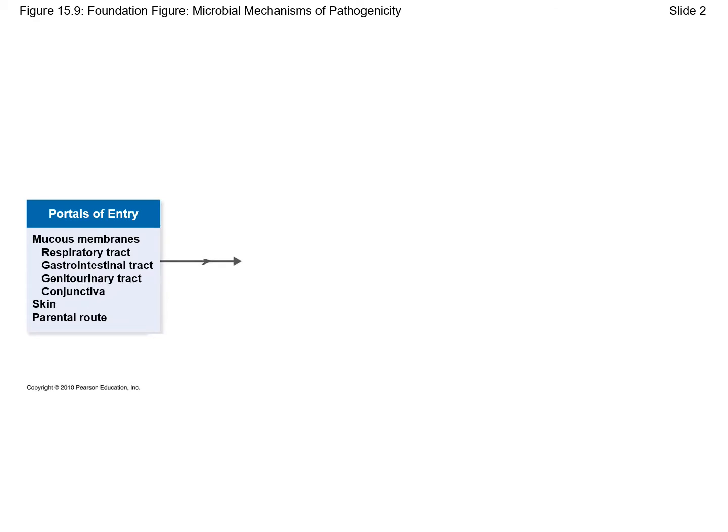For a microbe to cause disease in one individual, there are several things that have to occur. The first is that the microbe has to go through its preferred portal of entry. Once that occurs, then you need sufficient numbers of the microbe entering the person's body. Those microbes have to be able to adhere to the tissues in the person's body.